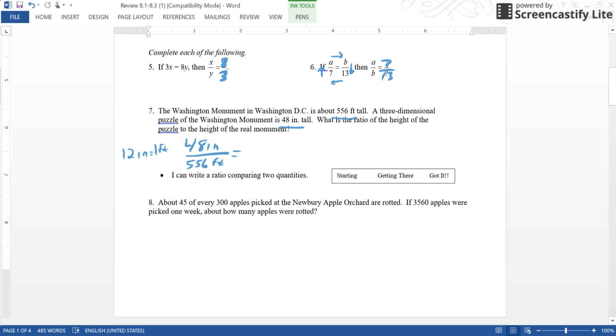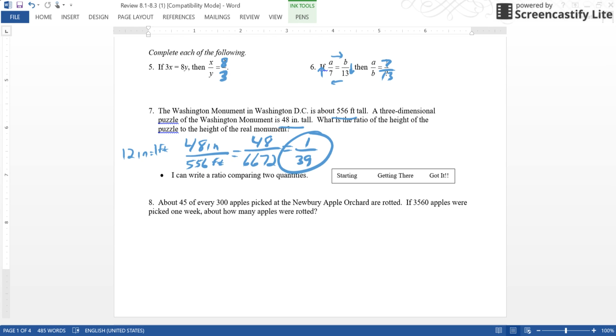So when I multiply 12 by 556, I get 6672 over 48. Those are all inches. I can put this right in my calculator. 48 divided by 6672. Hit the math button and fraction, and it'll simplify it for me. 1 over 139. Okay?